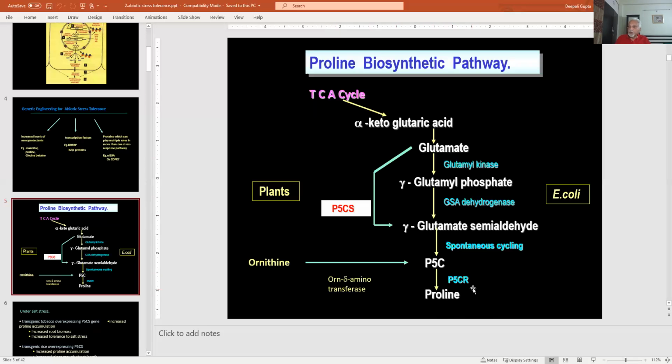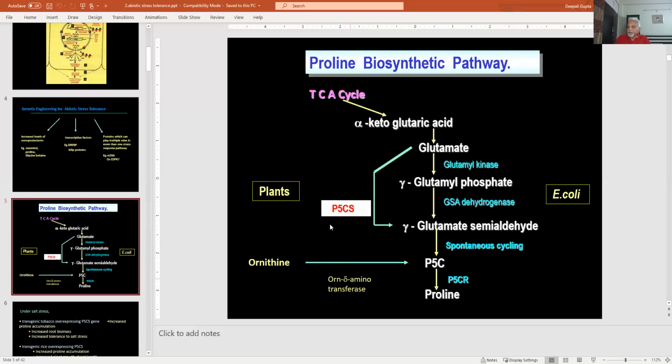But then the question was, which of the pathways, this or this, or which is the gene that is key for the overproduction or accumulation of proline under stress conditions. For example, whether it is P5CS or P5CR or ornithine delta aminotransferase.